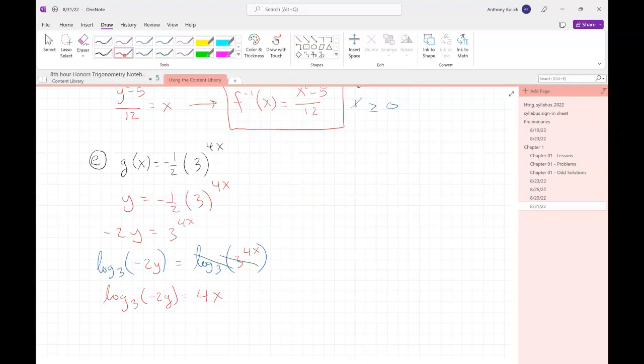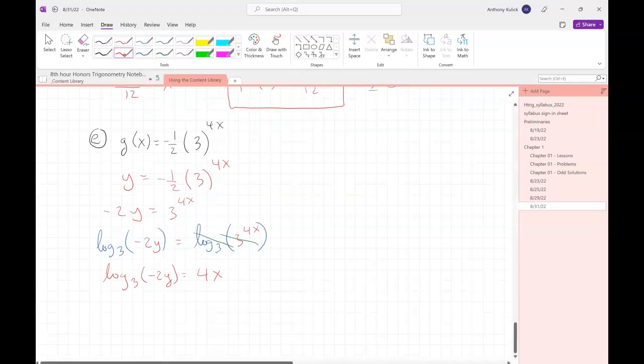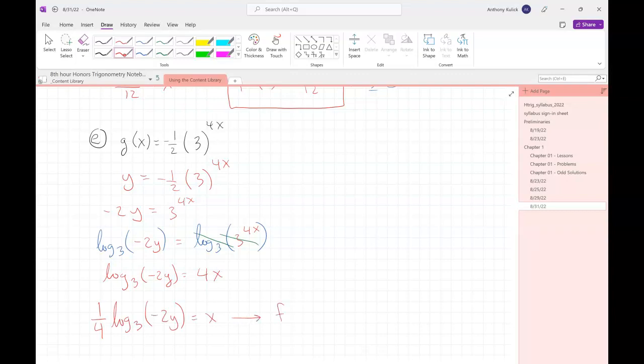You know what I mean? And so the last thing I do is divide by 4. I'm just going to write it as times 1/4 though, so that I don't get confused about whether that is supposed to be inside my logarithm or outside my logarithm. You guys okay with the 1/4?